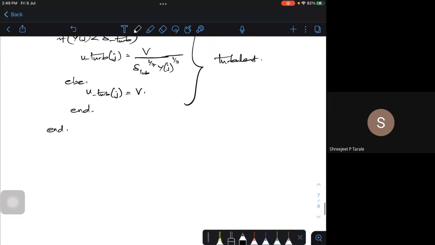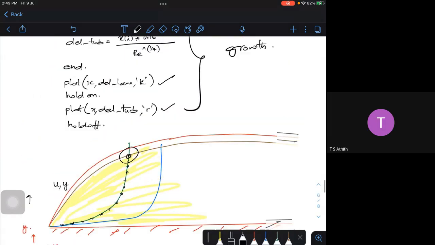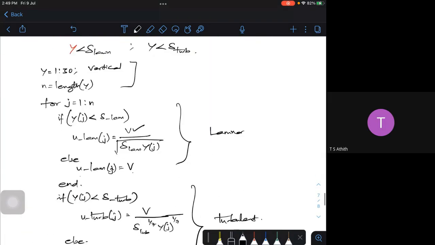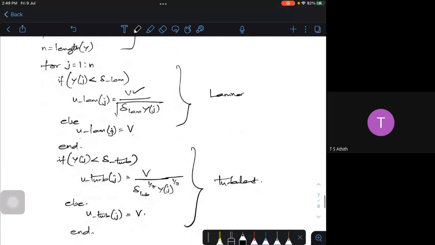Sir, that formula is not satisfying the units actually. Which unit? Velocity unit. What units do you want? V by delta into root of delta into y is there, no sir?